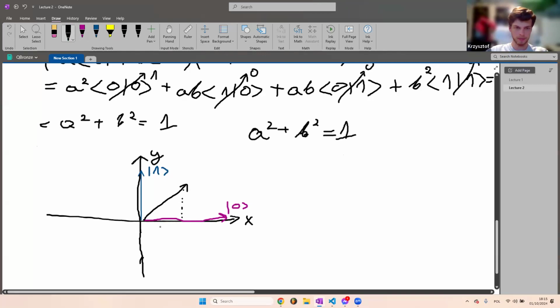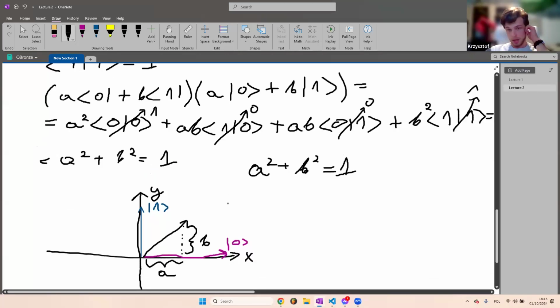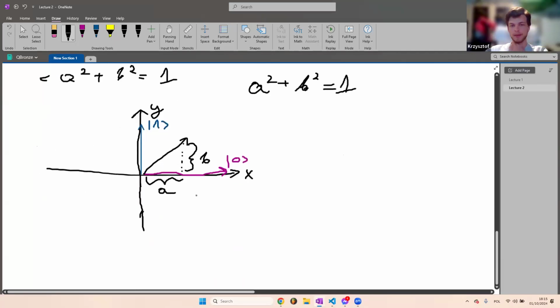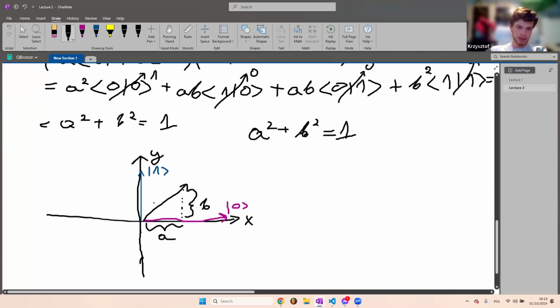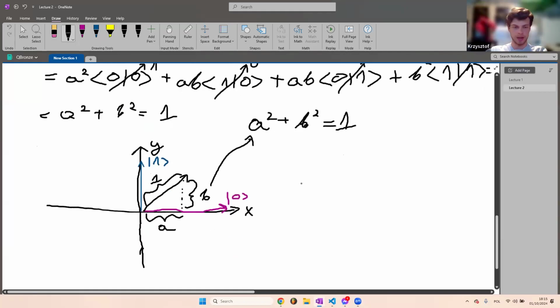So here is what represents the vector a, and here is what represents the vector b. By the Pythagorean theorem, we now know that if we want our vector to have length 1, the condition a squared plus b squared equals 1 must be satisfied.